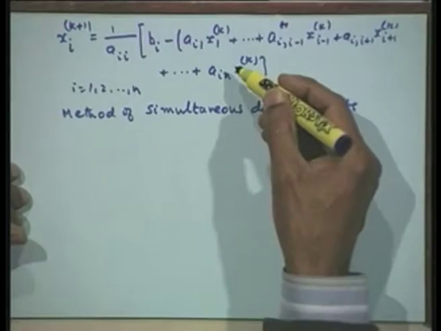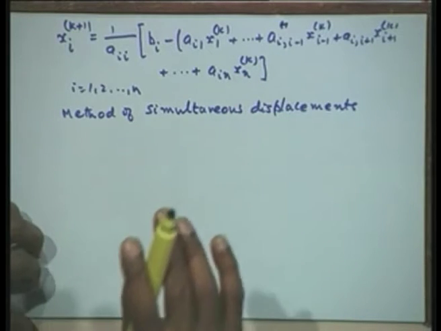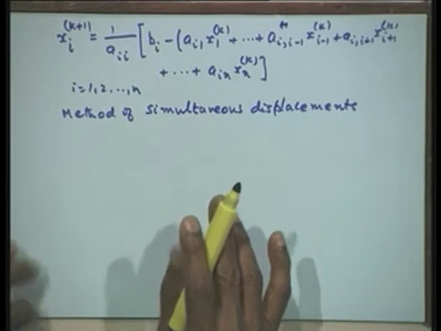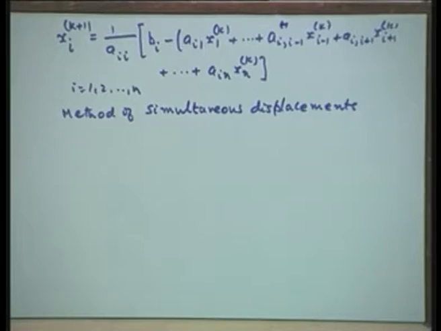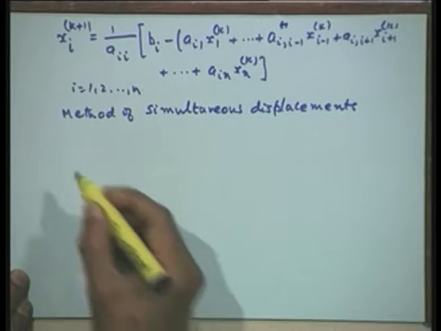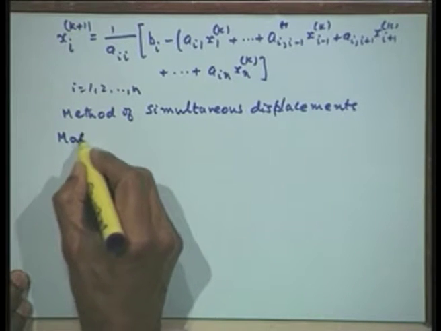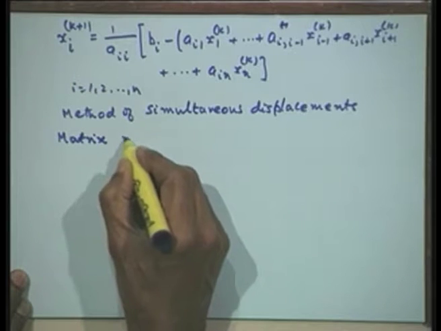The procedure which I adopted can be used for actual computation purposes, but if you want to analyze the method, we would like to have the matrix notation for this Jacobi iteration method. So, let us call it matrix notation.